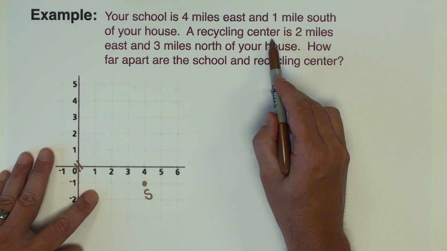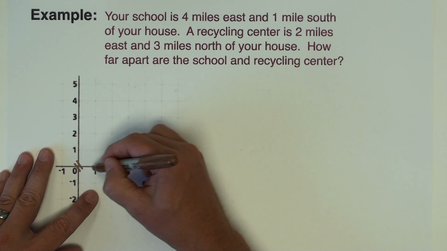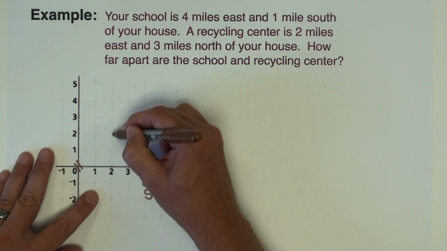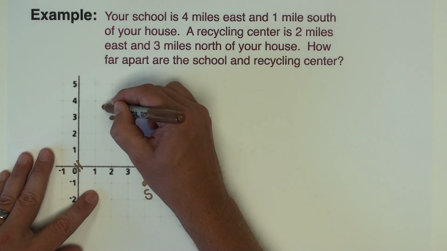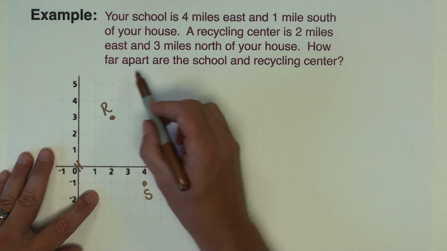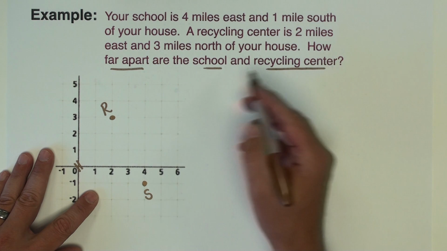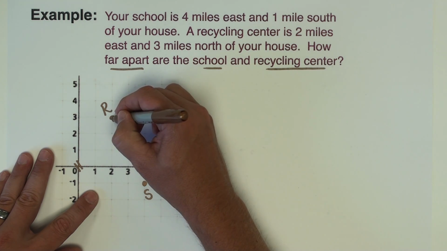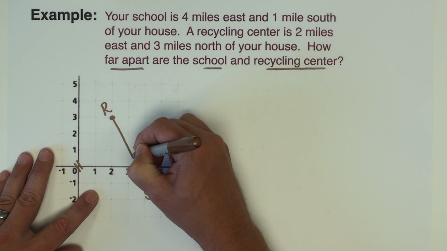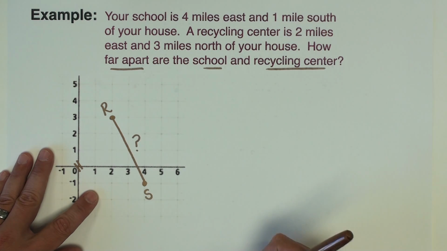Next sentence says that a recycling center is 2 miles east and 3 miles north of your house. 2 miles east, 3 miles north, that's a recycling center. Question is, how far apart are the school and the recycling center? So how far apart are these two points? What is that length?